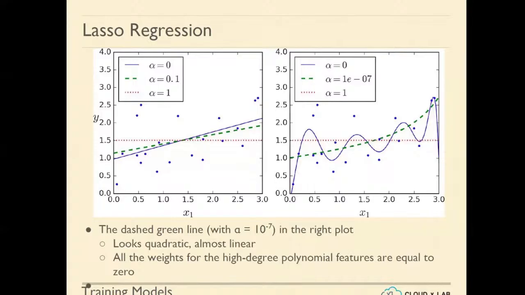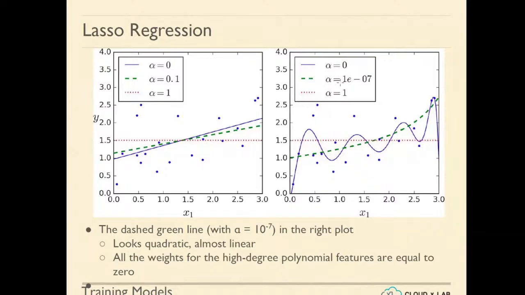Yes, so this slide I have already explained, right? So if this alpha value is 10 raised to power minus 7, a small value we are taking, then it will penalize high degree polynomial features, right? If alpha value is 1, then it will penalize high degree polynomial features. If alpha value is 0, then it will not use regularization.